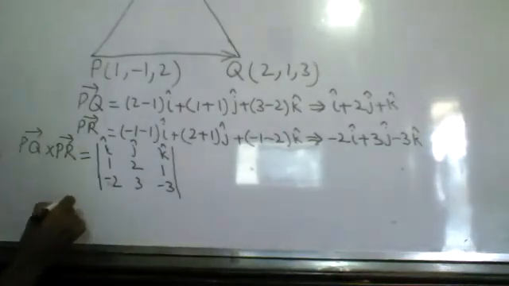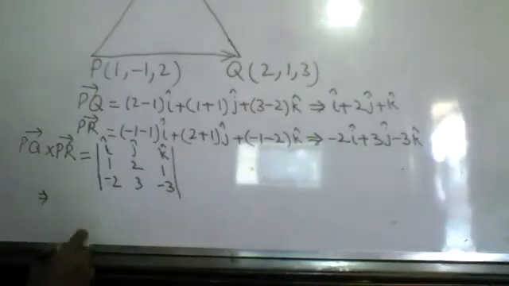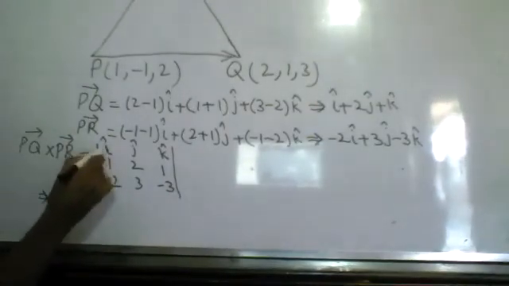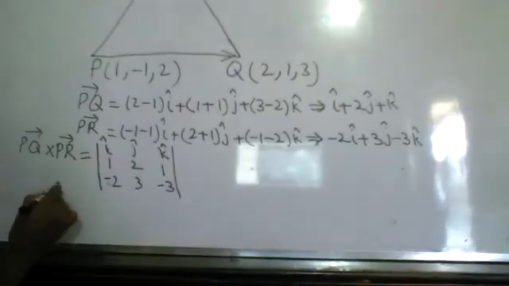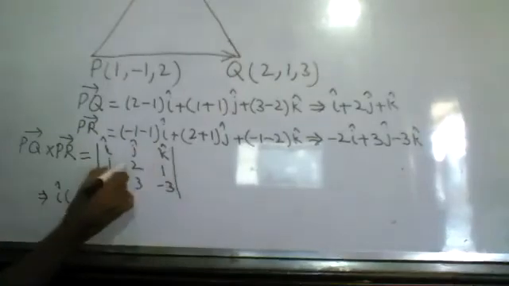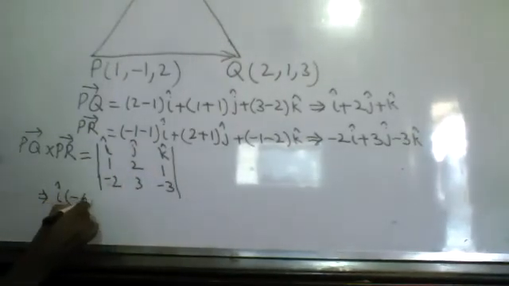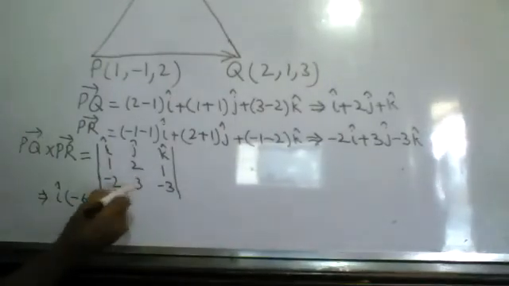First we'll take I. We'll leave this column and this row. 2 into -3 will be -6, minus 1 into 3 will be 3.